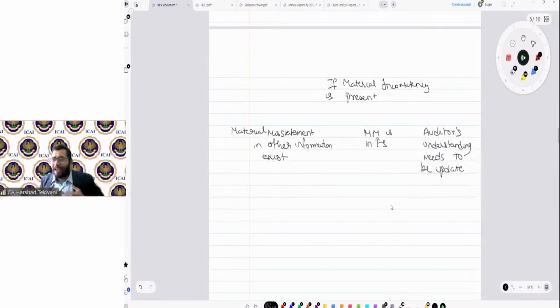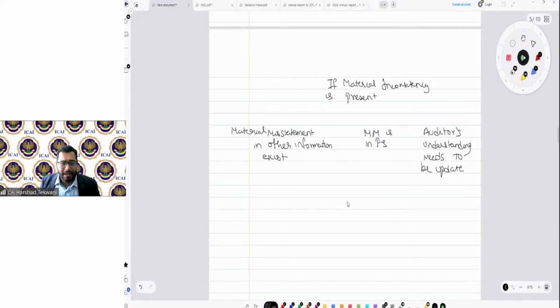So if I identify that my knowledge was incorrect, but the information presented, which is not related to the FS and could be of another nature, like acquisition, growth and all that, is correct, then my understanding needs to be updated.